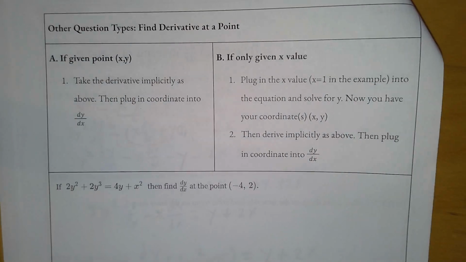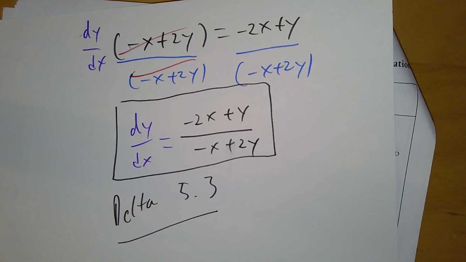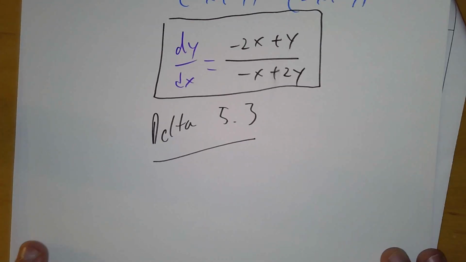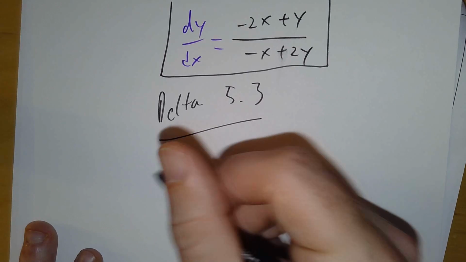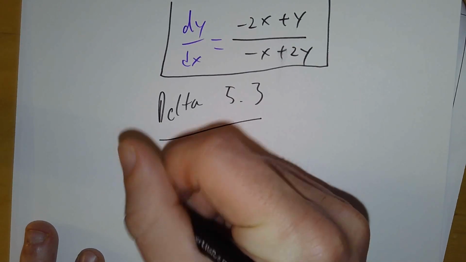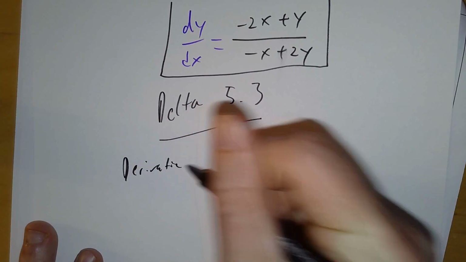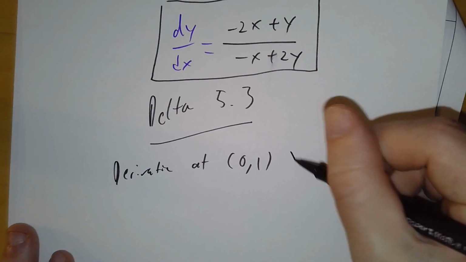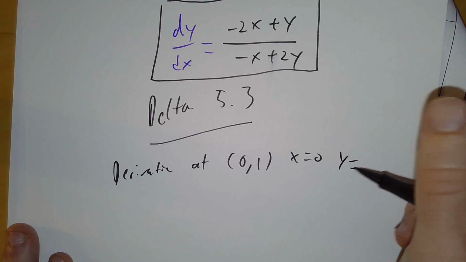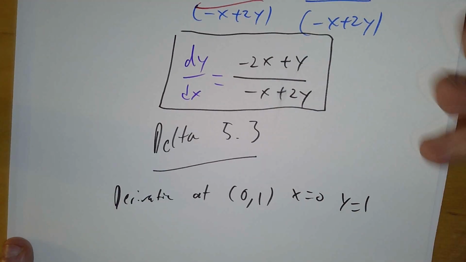So if we go back to our original example, we ended up with this. This was our derivative. So if I want the derivative at 0, 1, my x will equal 0 and my y will equal 1, and I'm just going to plug them into that.